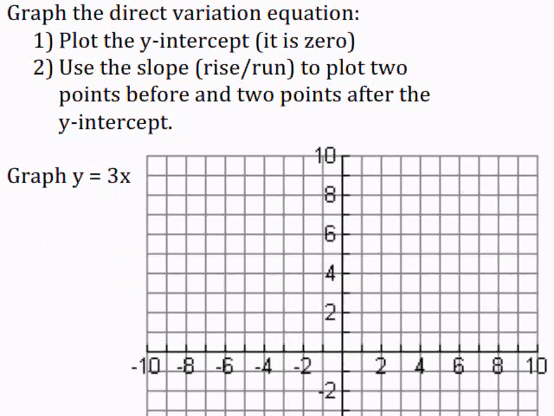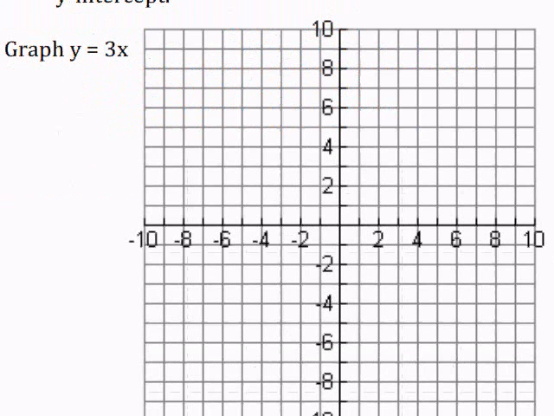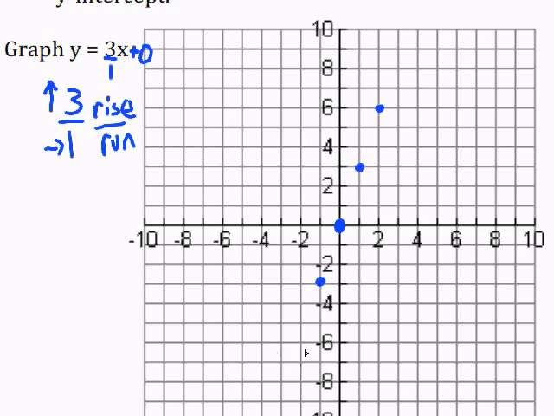Let me grab those recording bars so you can see further down. After you've drawn your points, you can connect them with a line, and you will have graphed the direct variation equation.